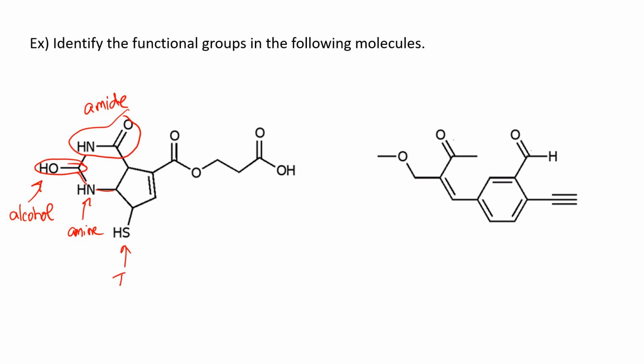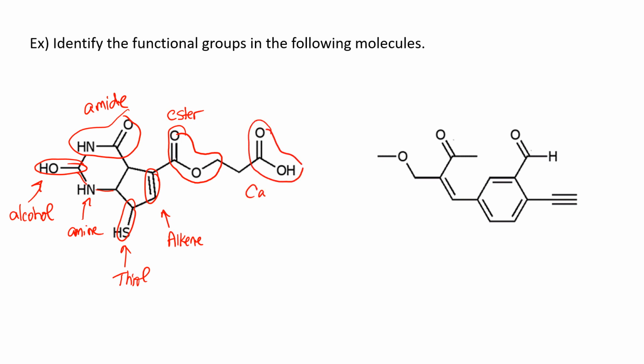The SH group is a thiol. We have an alkene, carbon-carbon double bond. Next, we have a carbonyl next to an OC something. That's an ester. And finally, on this molecule, we have a carbonyl next to an OH. That's a carboxylic acid.